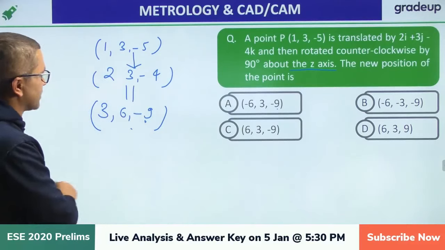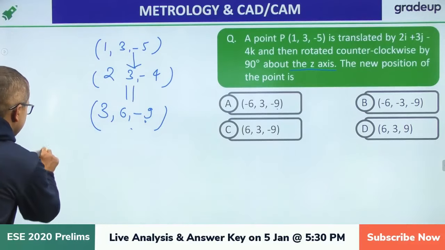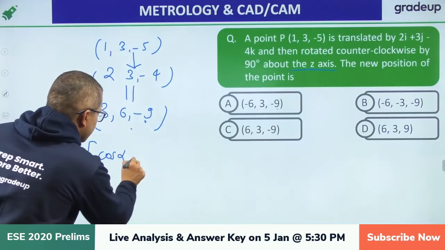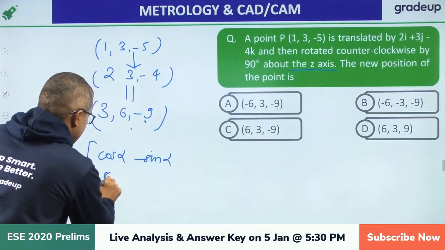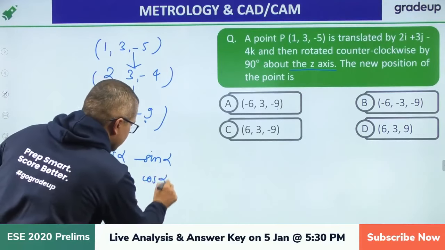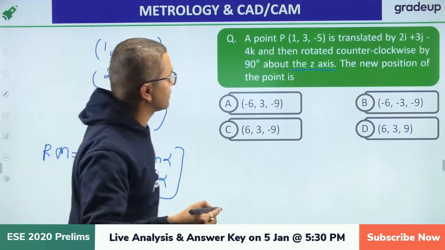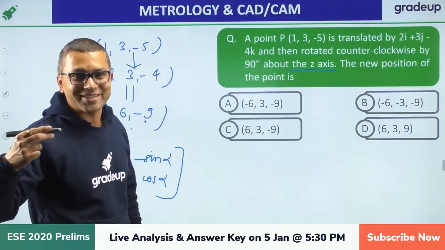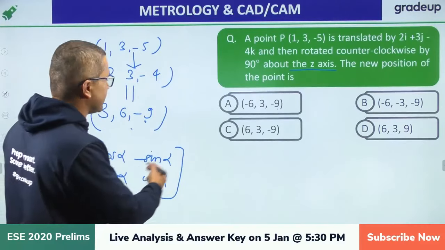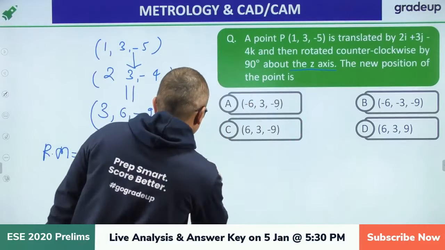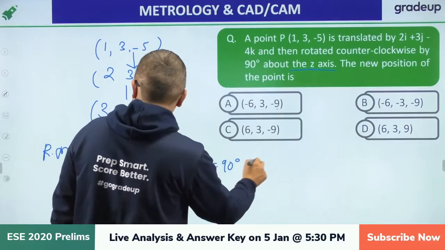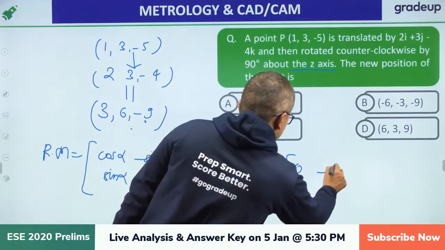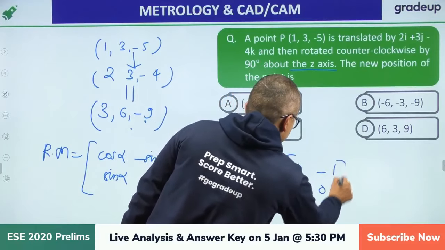Yes? Okay, fine. Now we said that rotational matrix is nothing but cos alpha, minus sine alpha, sine alpha and cos alpha, where alpha is the angle of rotation counterclockwise. All right. So alpha here is 90 degrees. Alpha is equal to 90 degrees. So Rm equals 0, minus 1, 1, 0.